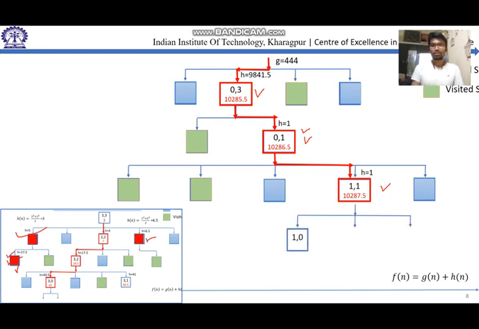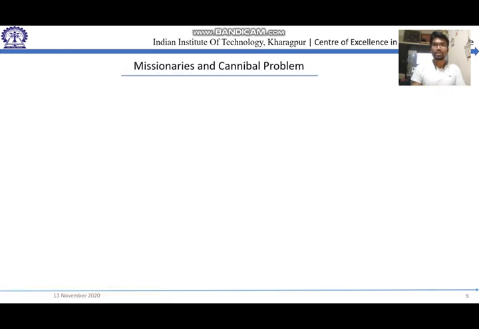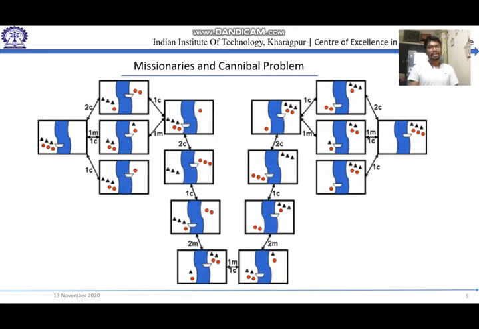Now if I further expand this, I'm going to get 5 possible states: 0 2, which is an already visited state, then 0 3, which is again already visited, then 1 2, which is an invalid state, then 1 1, which is the possible state, and then 2 1, which is already visited. So now we are left with only one path.